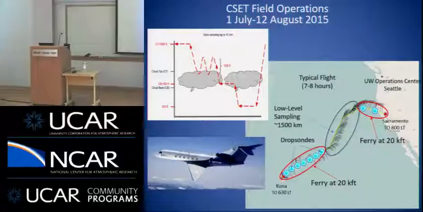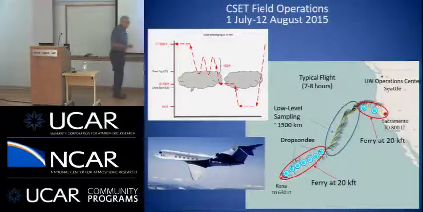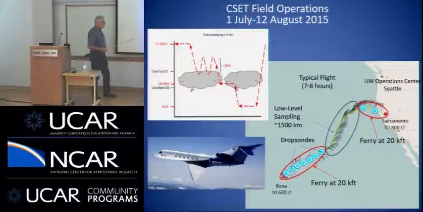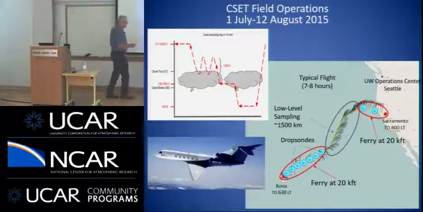So to really make some measurements in the low levels here, we had these low-level sampling strategies. We had to start out our flights at higher levels, usually at 20,000 feet, and we ended up at higher levels so that we could make it to Hawaii at a pace that was comfortable for the pilots, for they had enough gas and land and all those other important things.